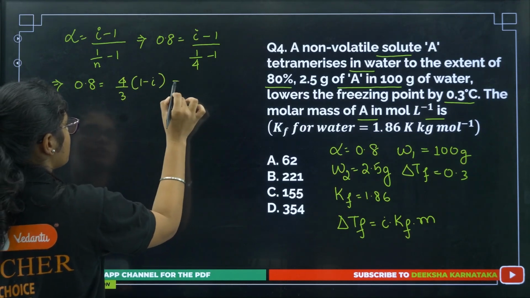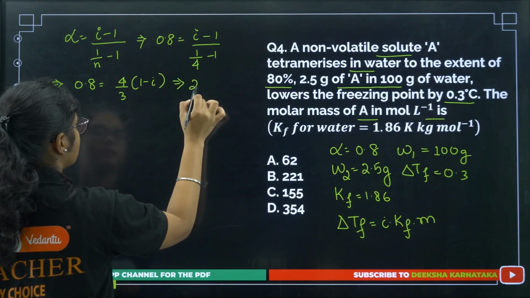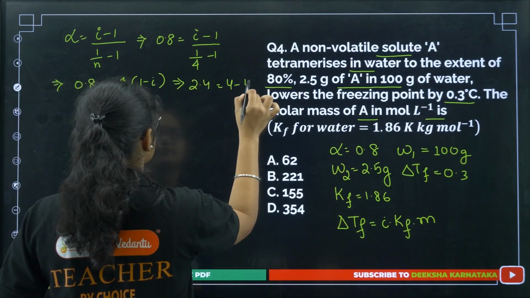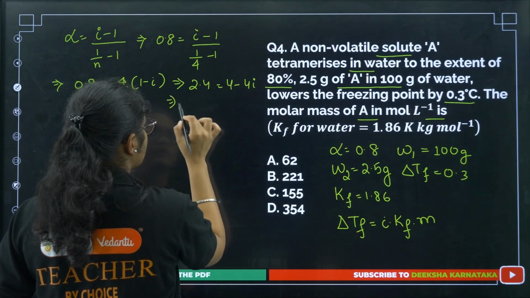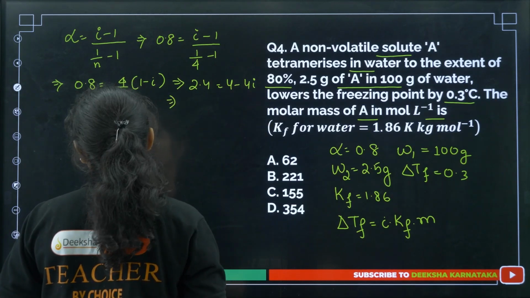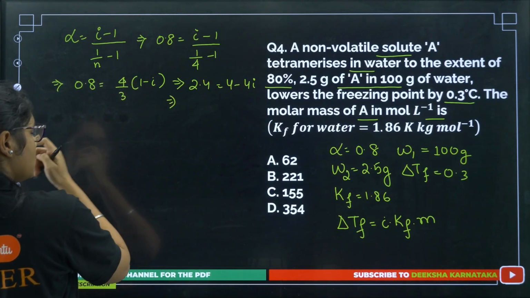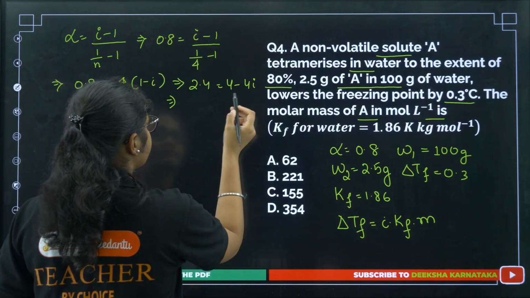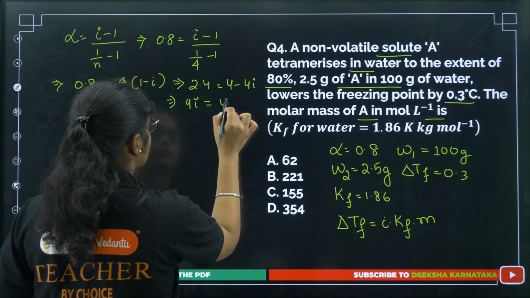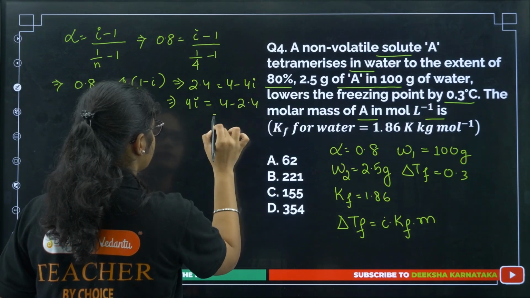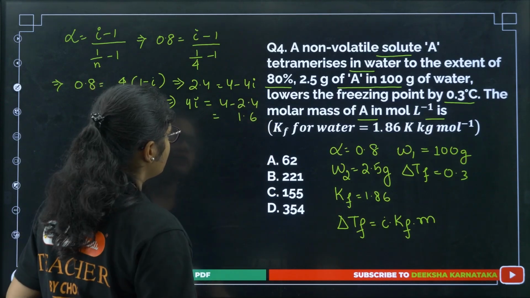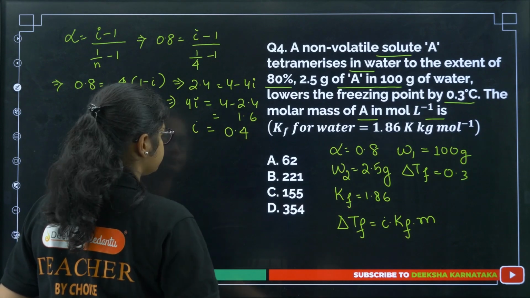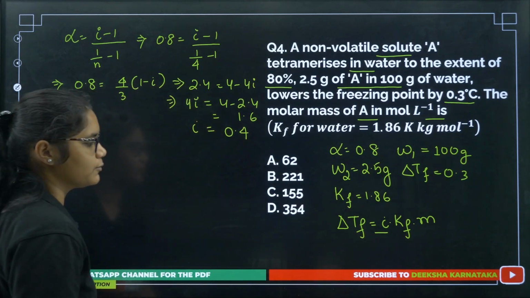If you solve this, 3 eights are 24, and then I'll get 4 minus 4i. So 4 minus 2.4 gives 1.6. So i will be equal to 0.4. The i value we got is 0.4.